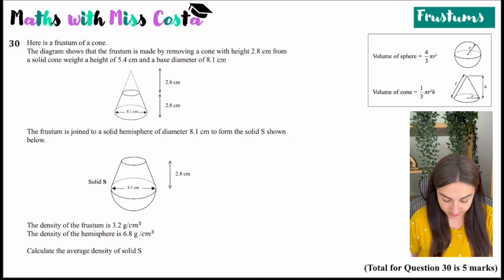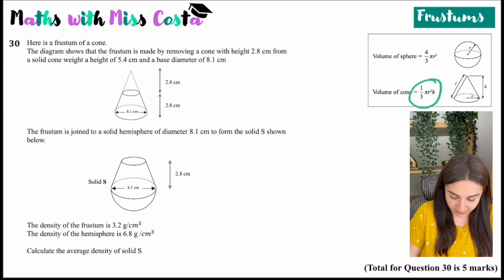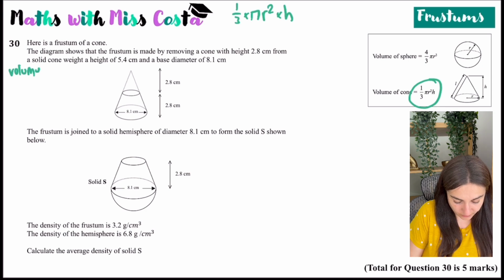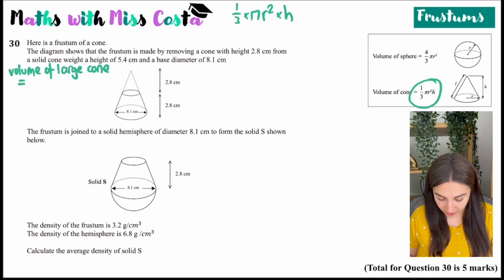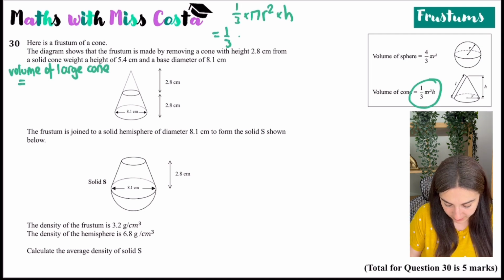So step one, I am going to need to use my formula for the volume of a cone, which is kindly given to me. And that is 1/3 times pi r squared times the height. So let's start with working out the volume of the large cone. I'm going to do 1/3 times pi times 8.1 squared, oh no, I'm not.